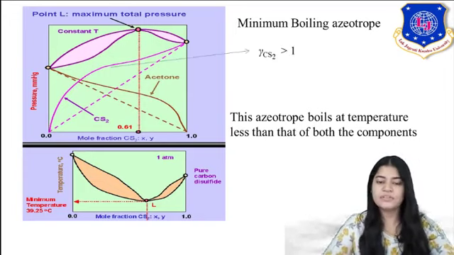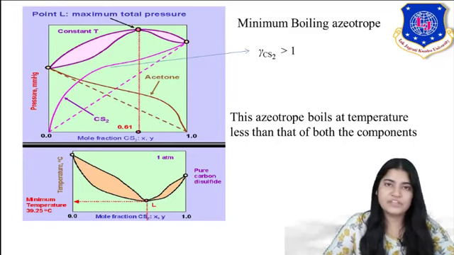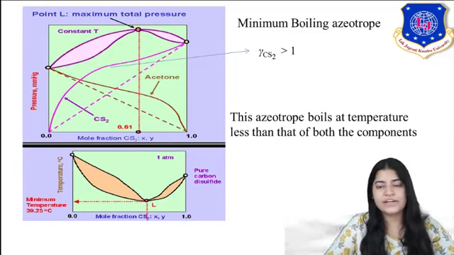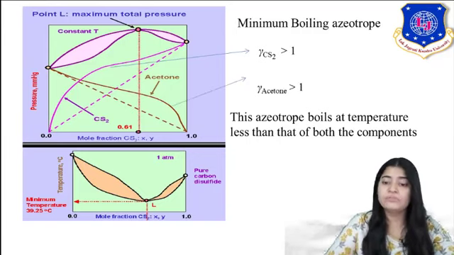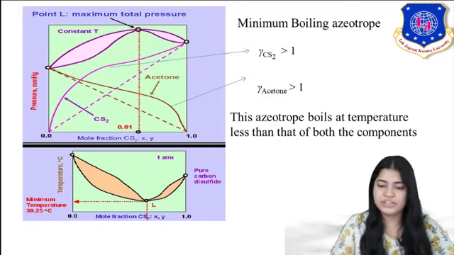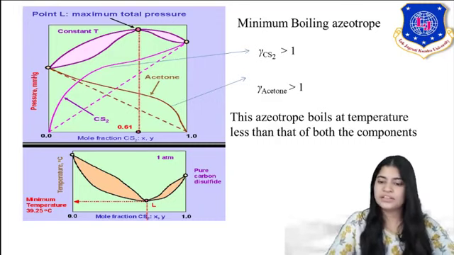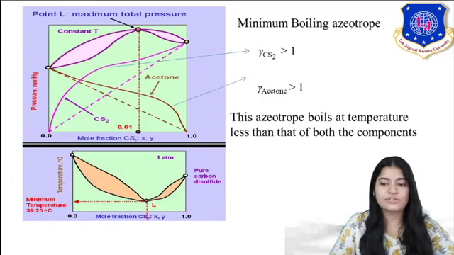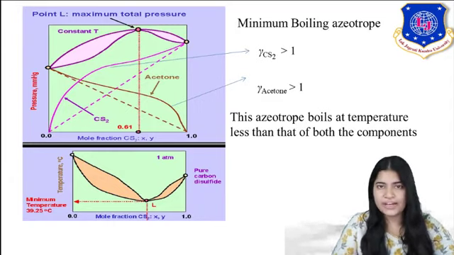As discussed earlier, the activity coefficients of carbon disulfide and acetone both would be more than 1. Hence, they are showing a positive deviation.